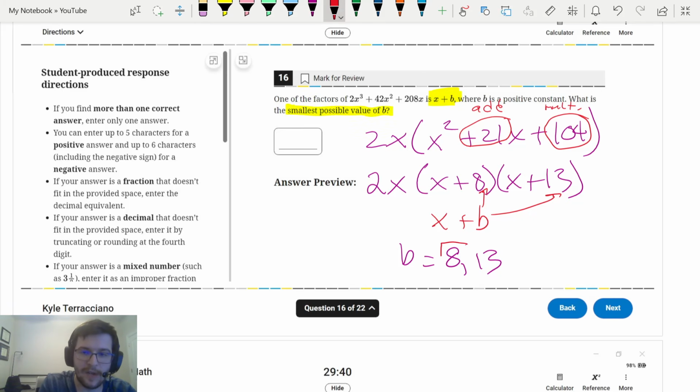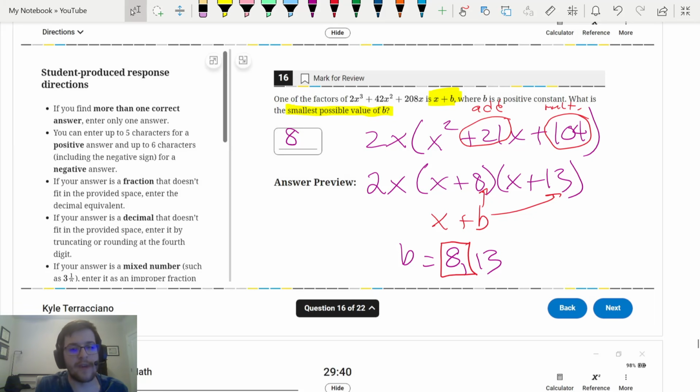So 8 is smaller than 13, so it is 8. So you had to pull out a common monomial factor, and then you had to do factoring like normal. Factoring with a equals 1, that's called. If you're struggling with factoring with a equals 1, you really should get some kind of calculator or program that can handle it. Plus, you should honestly practice it on your own because it's really important for your high school math classes.